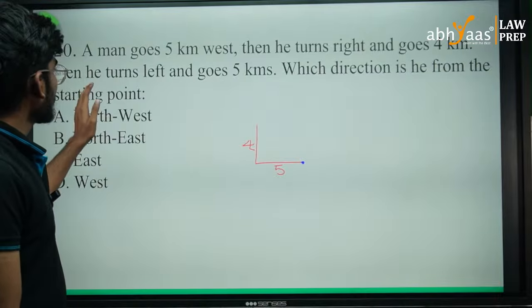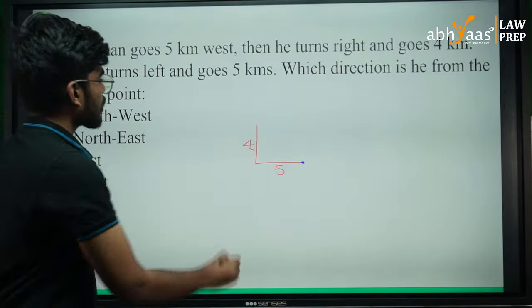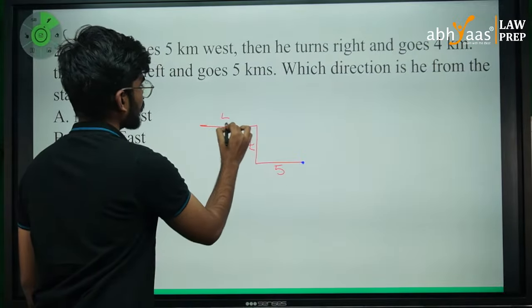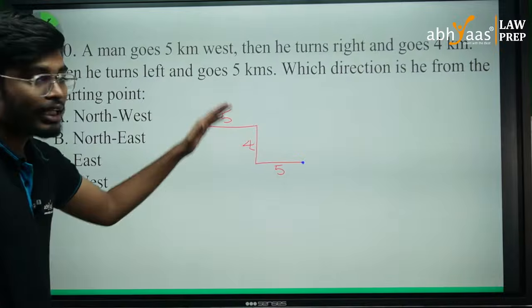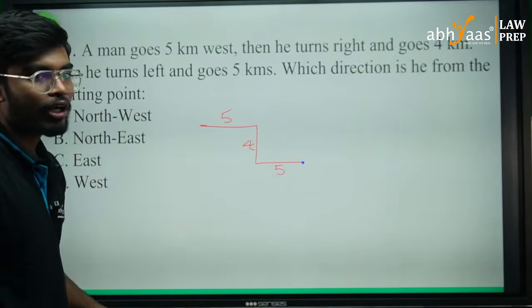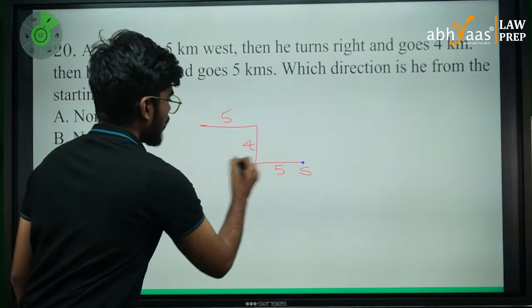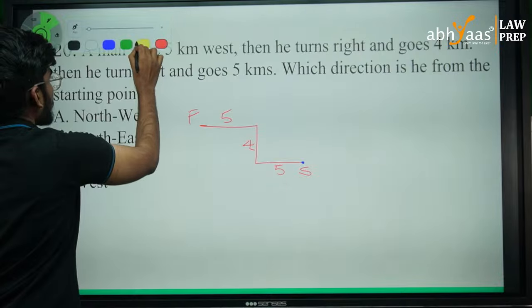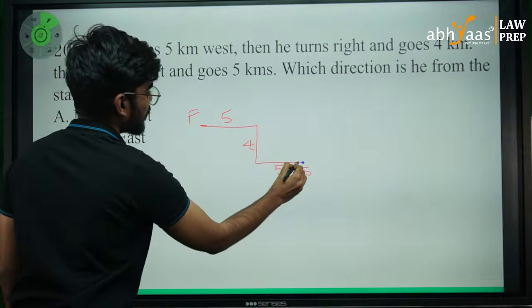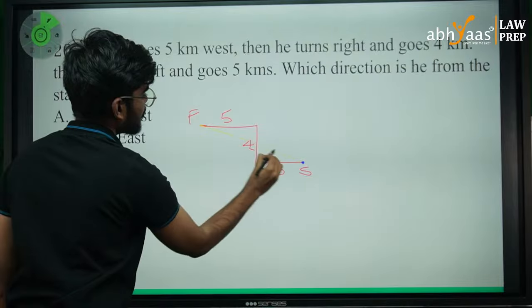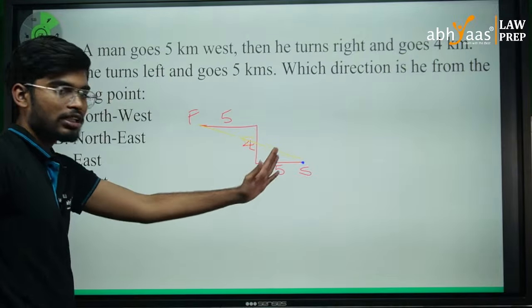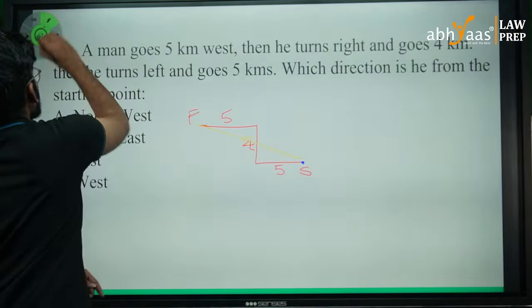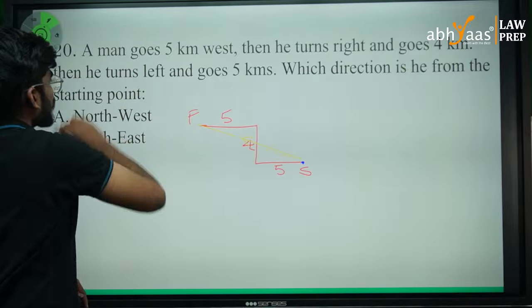Next, then he takes a left turn and goes 5 kilometers. In which direction is he from the starting point? See, this is the starting point, this is the final point. In which direction is he with respect to the starting point? With respect to the starting point, he is towards northwest. You can ask me, sir, why exactly northwest?